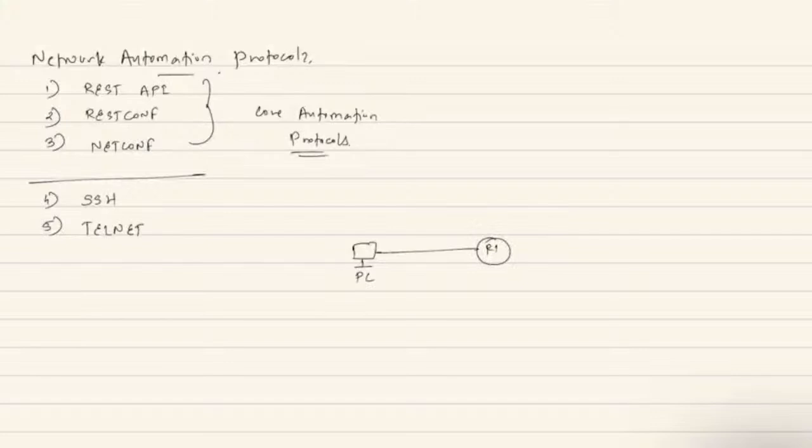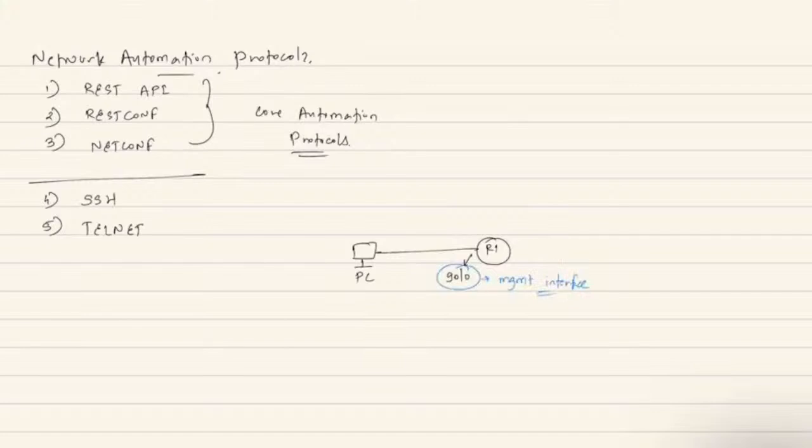Now when we talk about this router, we are basically using a management interface. Let's say gig 0/0 is an interface that is being used, and this interface is going to play the role of management interface.